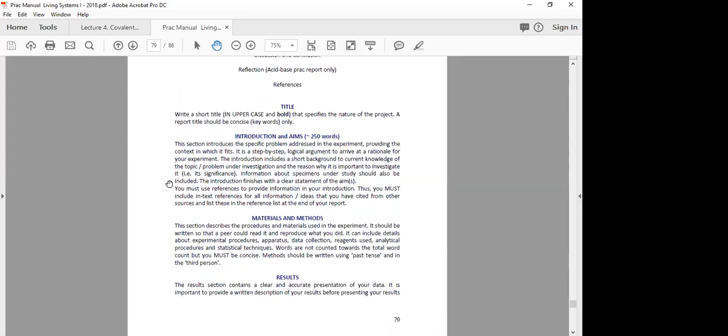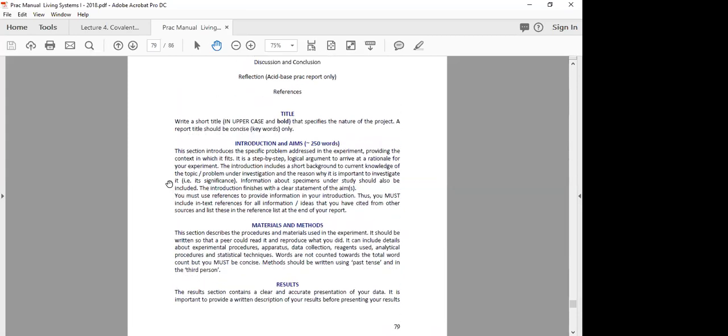Also make sure that you're very clear on what type of references you should be using for any assessment in any of your subjects. Some lecturers are very particular about the types of references that they want you to use. So for example, they might say the only websites that you can use are government websites, university websites, and so on.